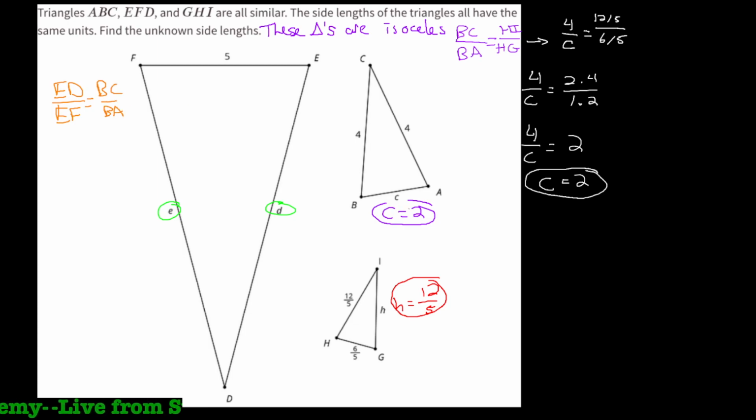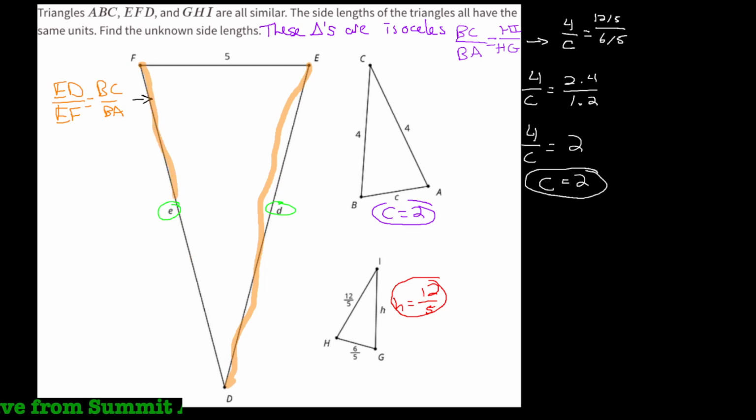Now that I have that value of side length BA, I can fill in this amount. So this is the same thing as, I'm going to write it here. Let me actually highlight, that's one thing I forgot. So let's do side length ED, and EF.